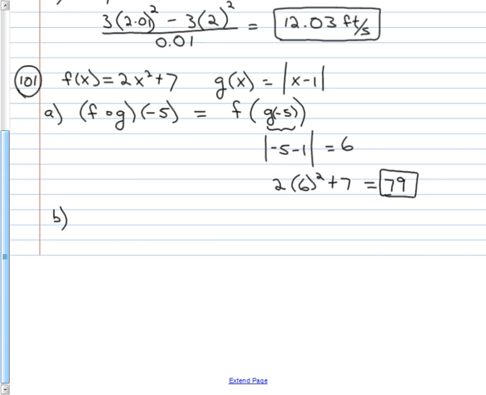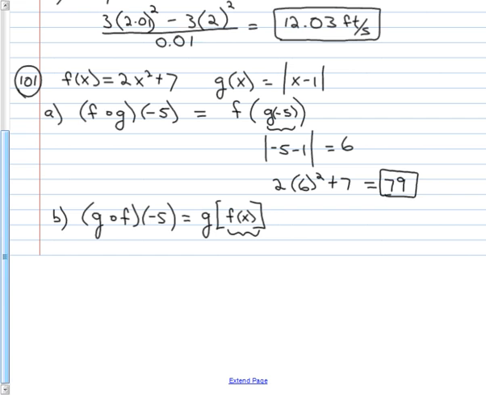B, g of f of negative 5. So this means we're taking the g function, substituting the f function into it.